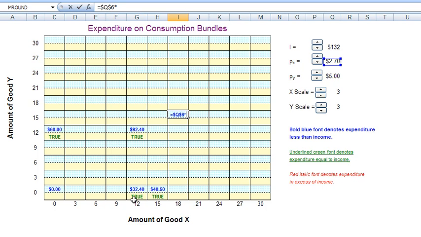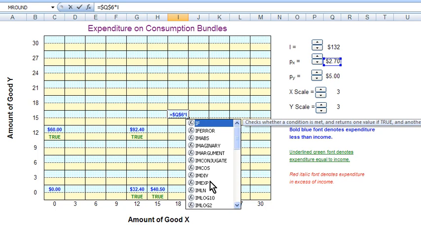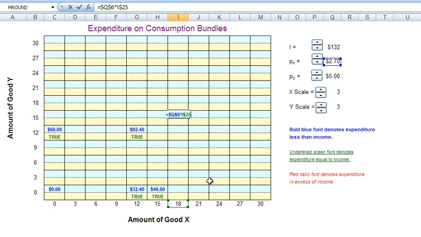Now the quantity of X is always in row 25, so I'm going to use absolute reference for the 25, but the column changes, so this one is I and then absolute 25, so that's the price of X times the quantity of X, plus the price of Y, which is always in cell Q8, so I'm using absolute references there, times the quantity of Y, which is always in column B, so absolute B, and in this case I think that is in row 11, so let's put 11 here.